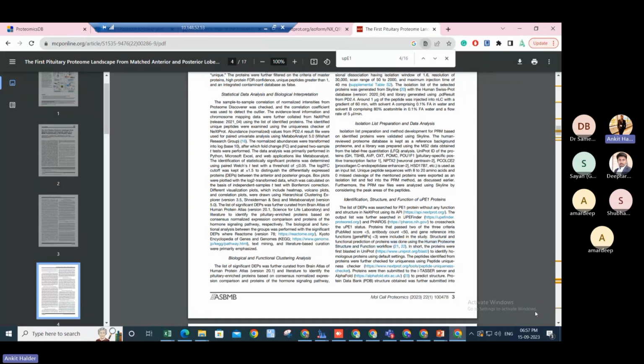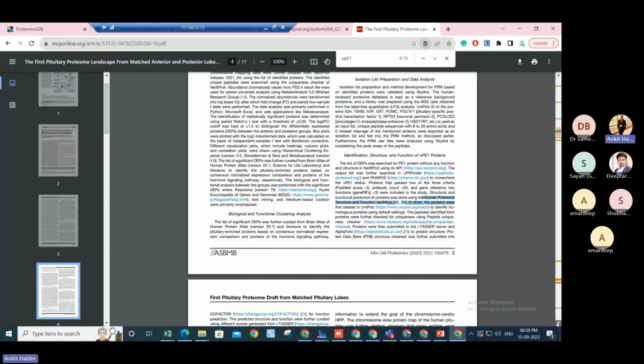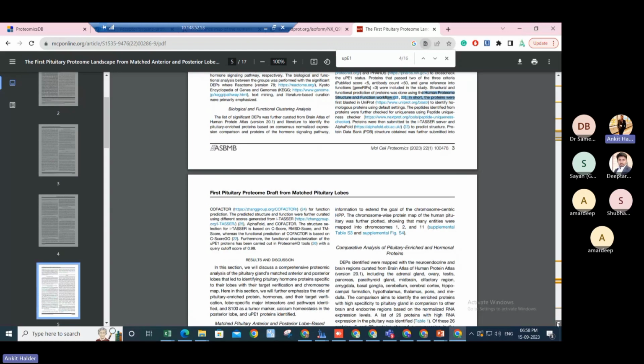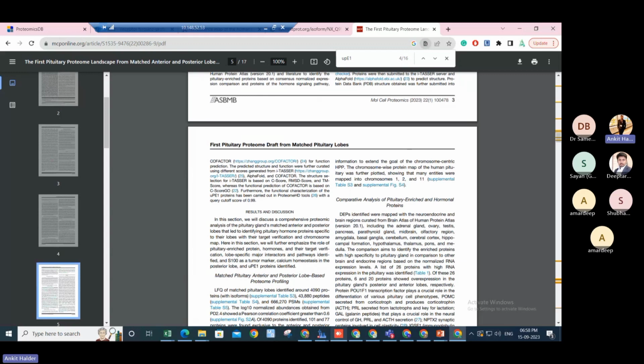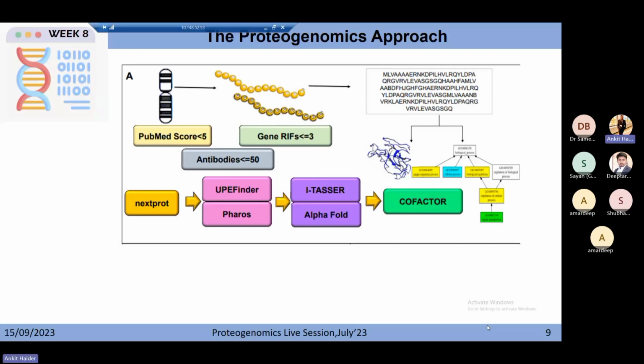If you go, this is actually the human proteome structure and function workflow that has been given, and we had used a modified version of it. Here it is given in detail, which you can go ahead and read. So I'll also discuss these UP1 proteins.